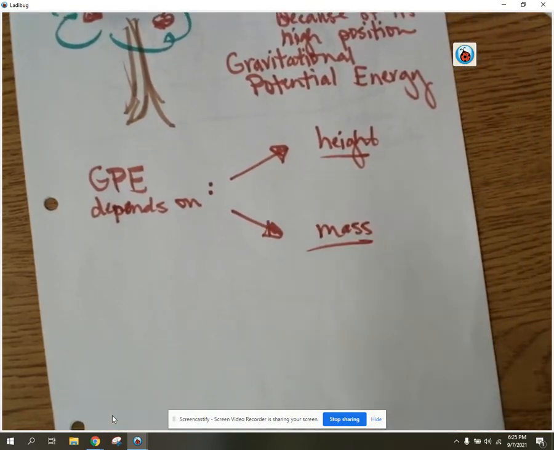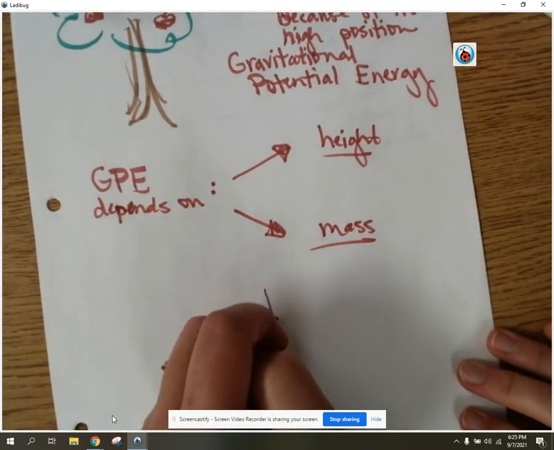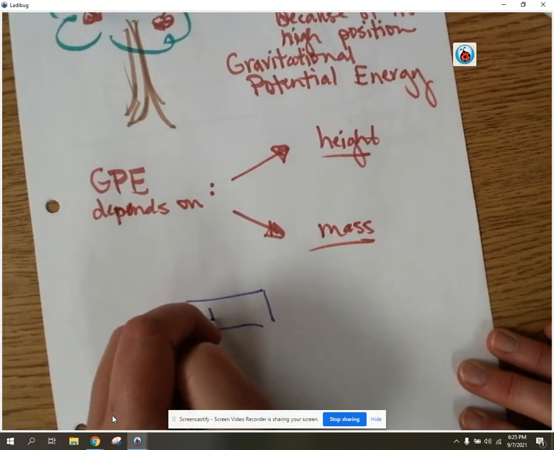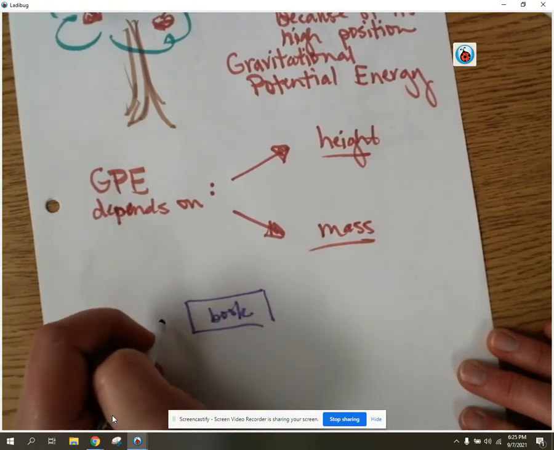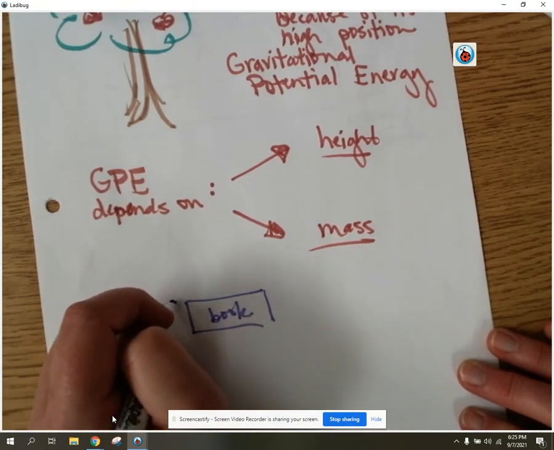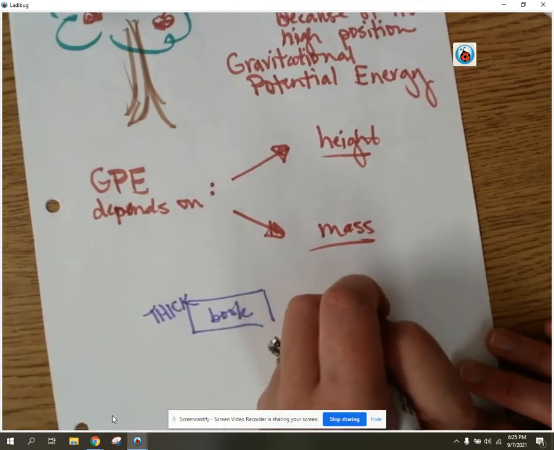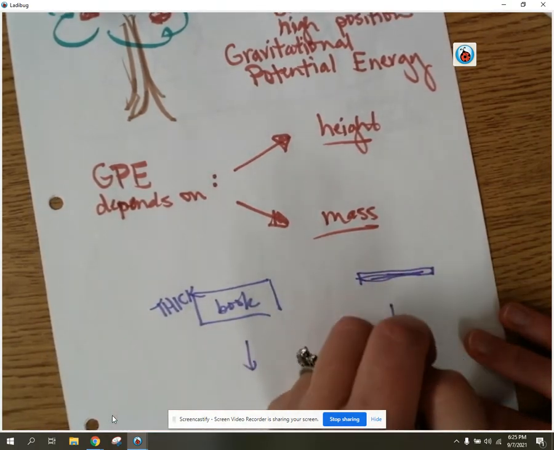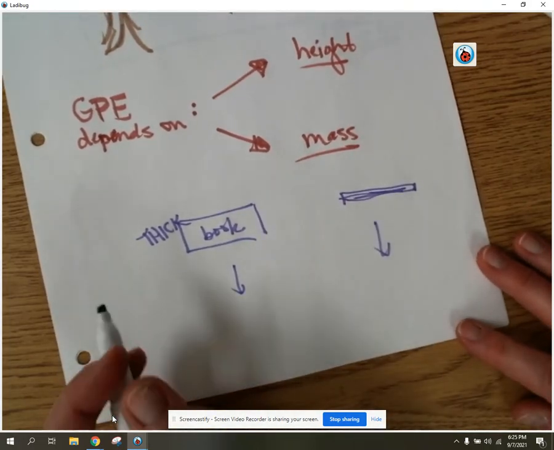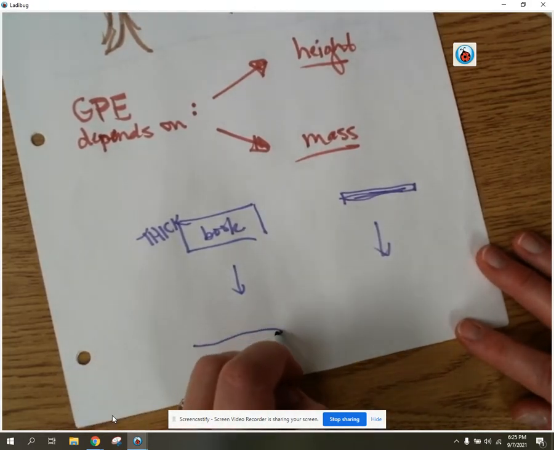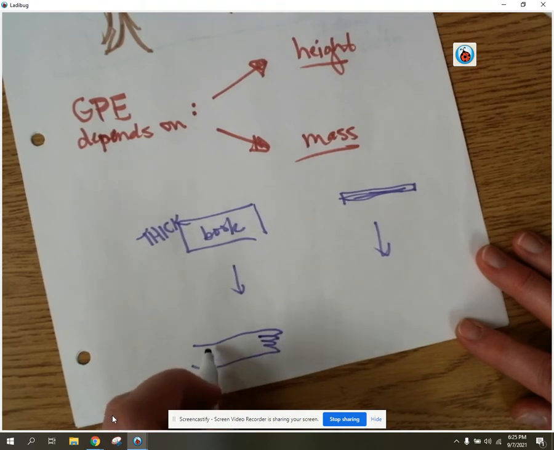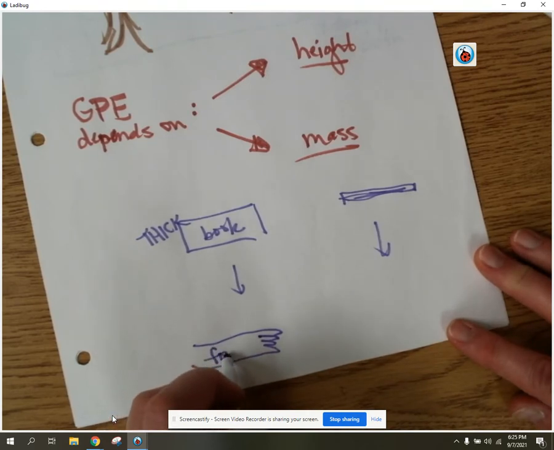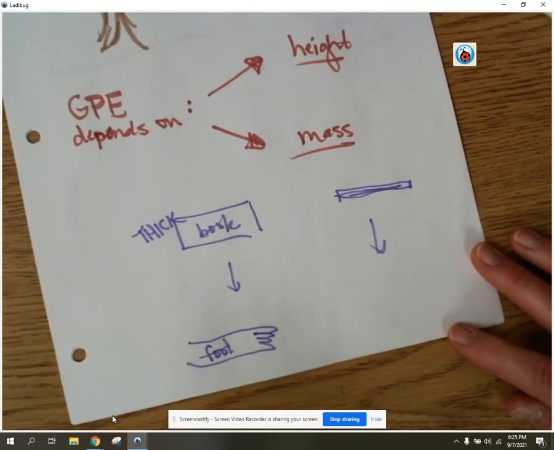All right. So if I have two books, a big old thick book and a little skinny book here, and they're both dropped, which one is going to do more damage to this terrible looking foot that I've drawn at the bottom?